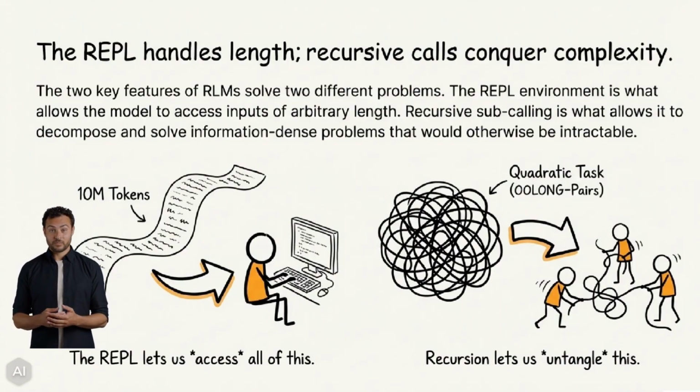When a task has quadratic or combinatorial structure, like many pairwise comparisons, trying to solve it in one pass quickly becomes overwhelming. Recursion lets the model break that tangled problem into smaller subproblems, solve them one by one, and then combine the results. In short, the REPL helps us reach more information, and recursion helps us reason through it.